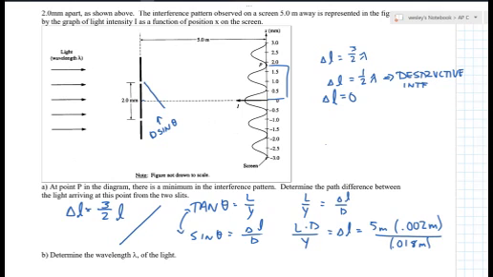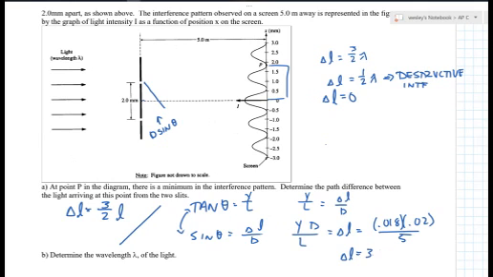Apologies, I wrote a couple things wrong. So tangent theta is Y over L, not the other way around. We got Y over L. So that changes this to 0.018 times 0.002 divided by 5. So that makes my path length difference equal to 3.6 times 10 to the negative 4th meters. That's my path length difference.